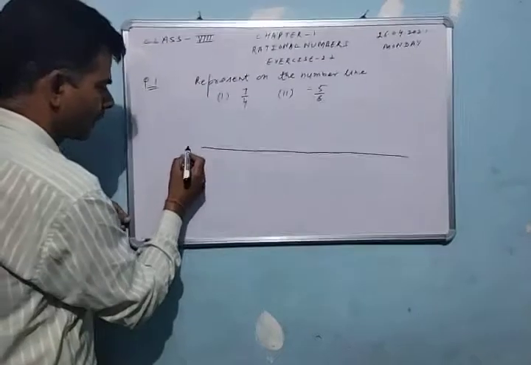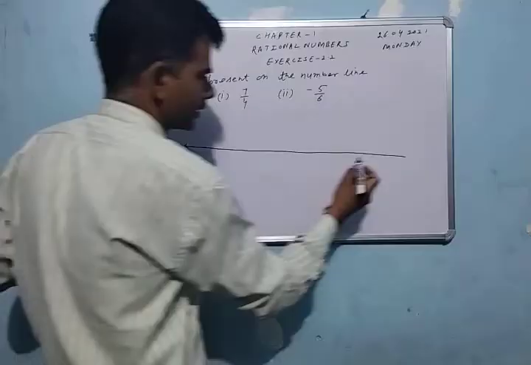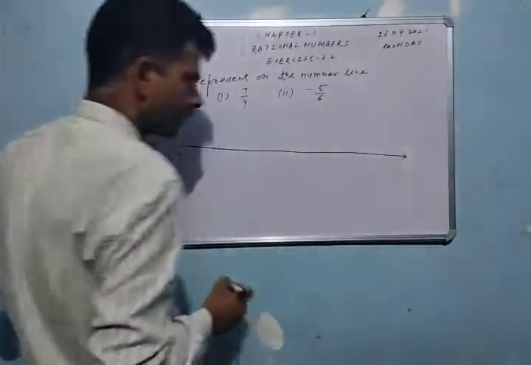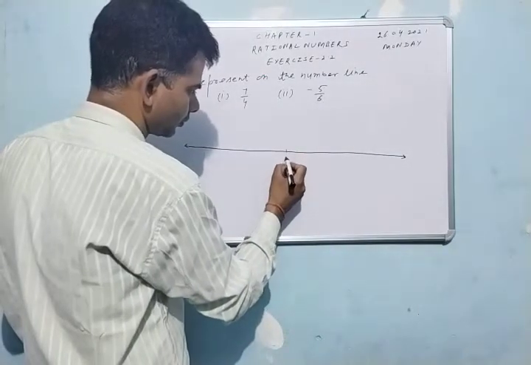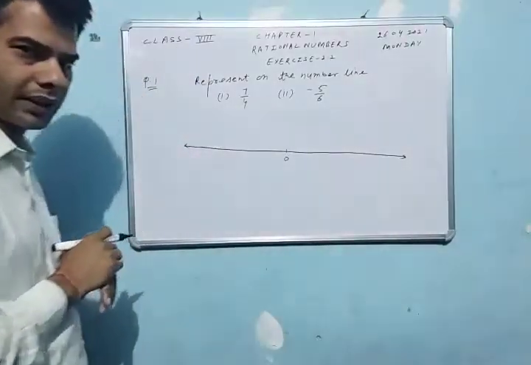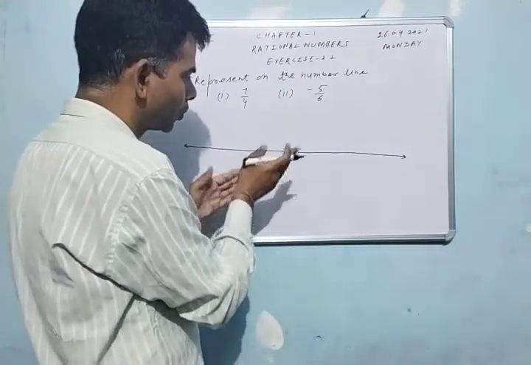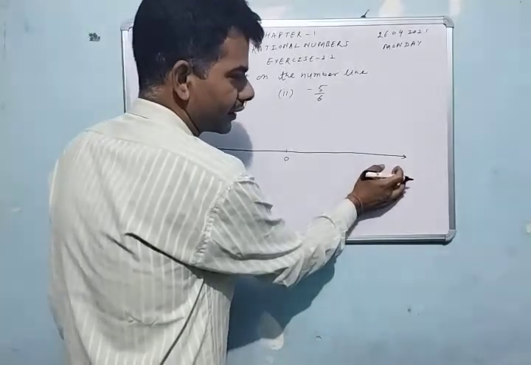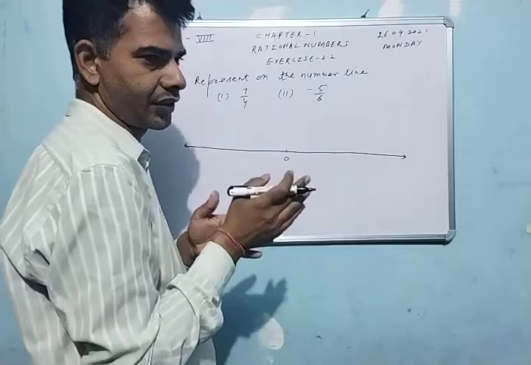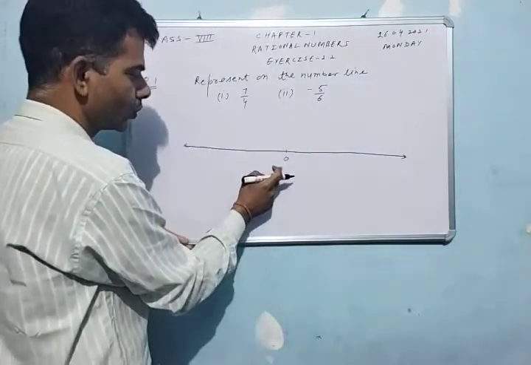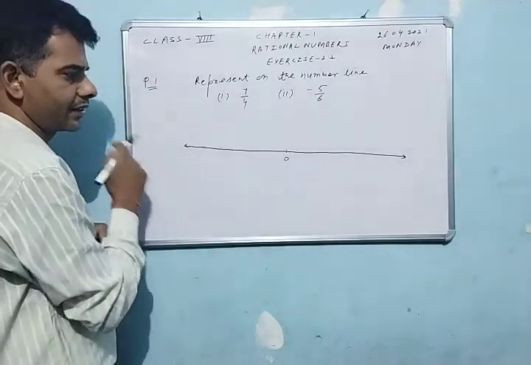In the middle, we will mark 0. As you know, from 0 towards the right hand side, we will take positive integers, and from 0 to the left hand side, we will take negative integers.